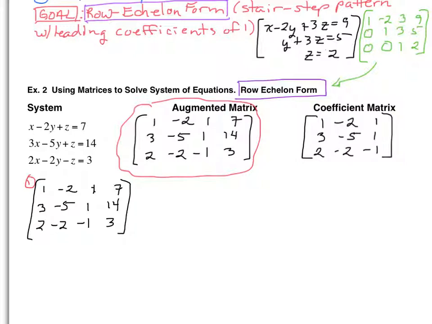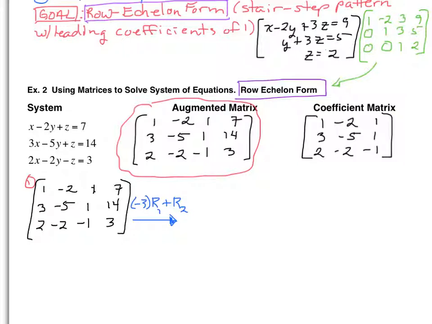And then here's the rule. We're going to take -3 r sub 1 plus r sub 2. This is the notation form of the rule.